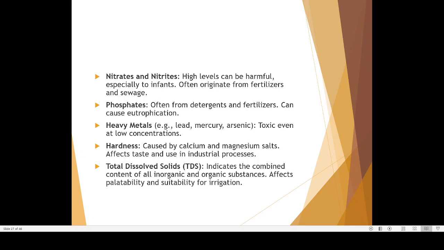But first it looks quite fine, but what happens is that after some weeks this algae will die and they will be settling into the water. When they are dying, they will be decomposing, and this decomposition or decaying of the algae will take a lot of oxygen. So as a result, the BOD of the water will be increasing and oxygen may not be available for fish and other aquatic organisms.